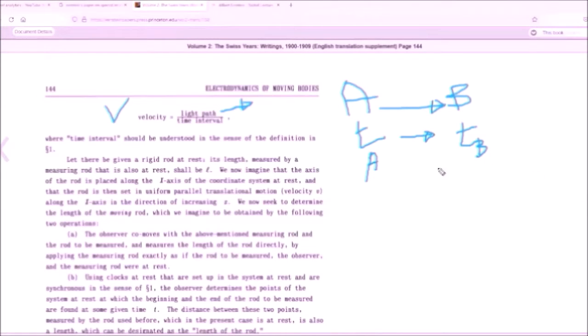Then when you came back, to define simultaneity, he wants to prove that the time has to be equal both ways. When you return back from tb to here, the time will be t prime a. So he defines that distance, which he calls r, or the distance AB.